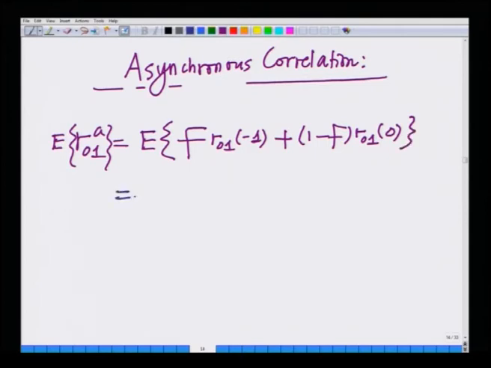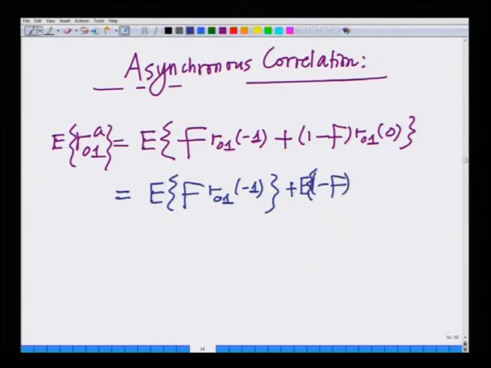This is nothing but expected f R01 of minus 1 plus expected 1 minus f R01 of 0.